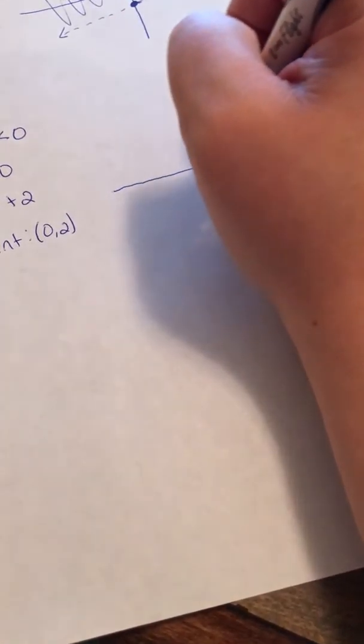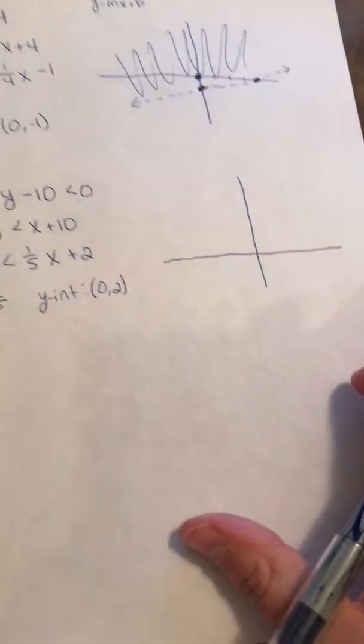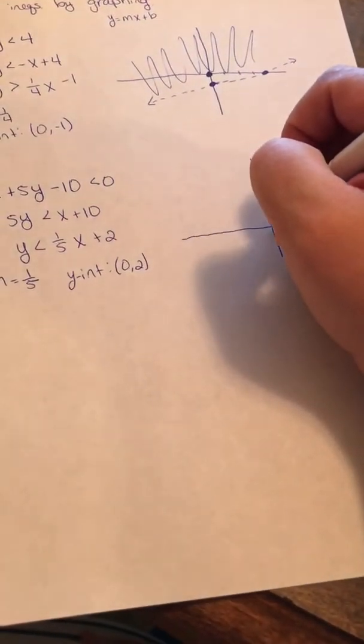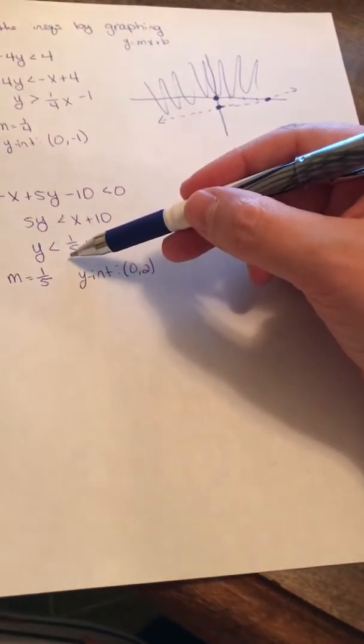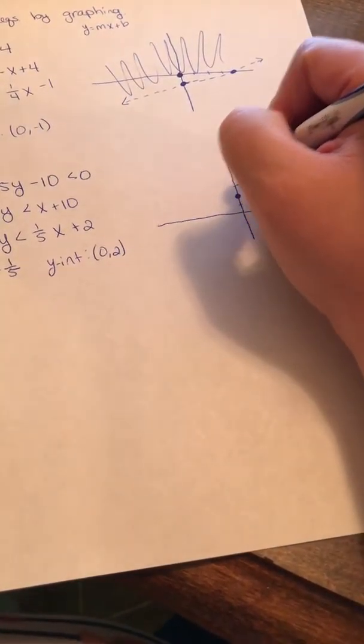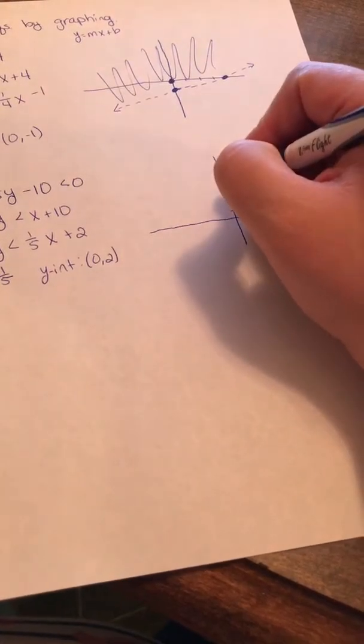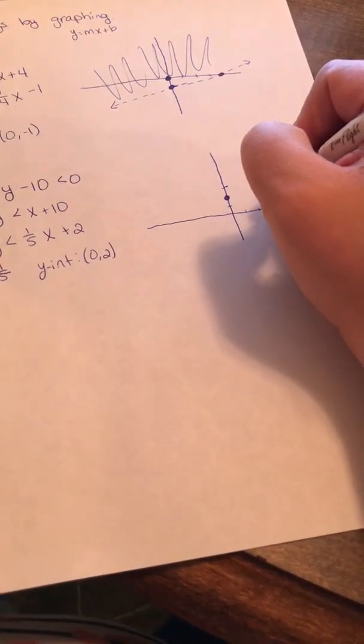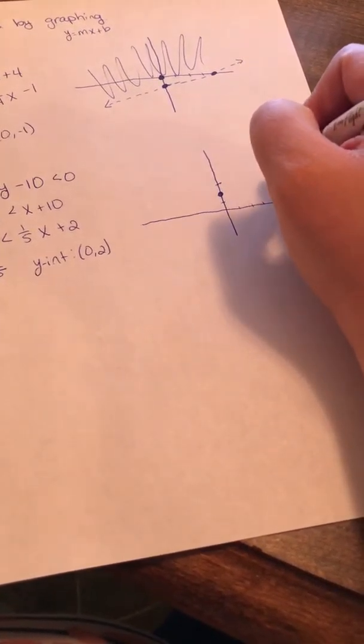So to graph this one, I'm going to start out at my y-intercept, 0, 2. And then from there, my slope's 1/5, so I'm going to go up 1 and then over 1, 2, 3, 4, 5.